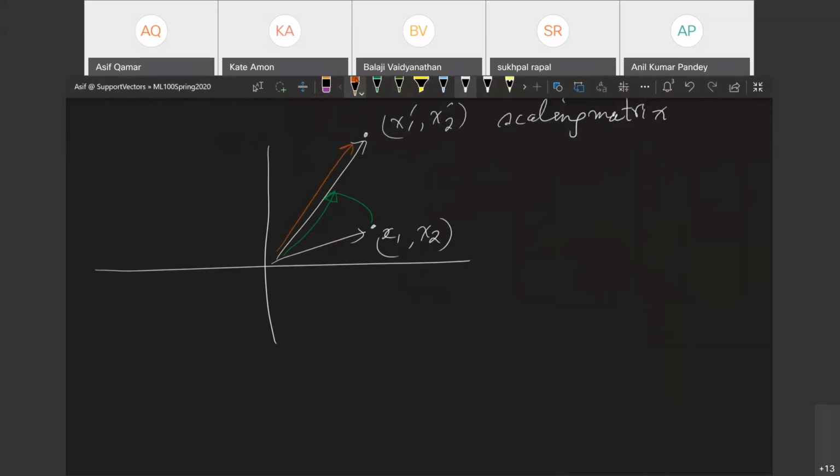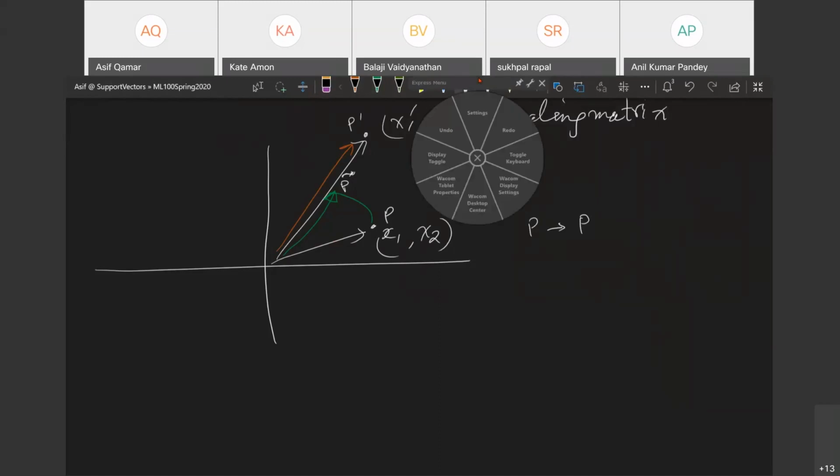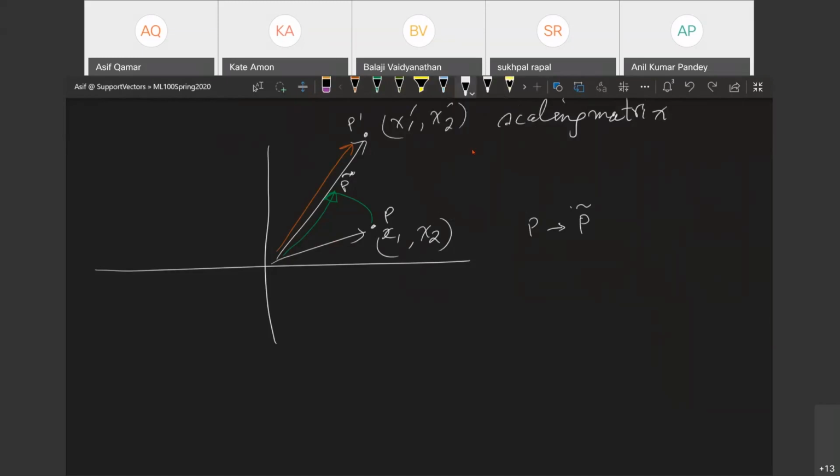So let me call this point P, the middle one P tilde, and then finally P prime. So P to P tilde, what just happened? P tilde is a what? It's a rotation. Do you agree, guys? The movement from P to P tilde is just a rotation.